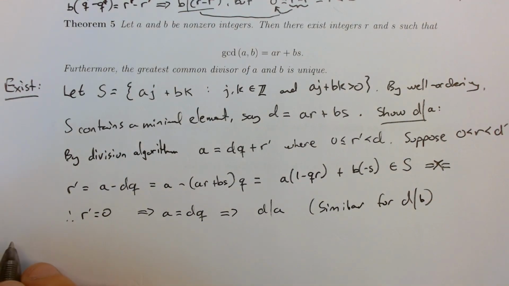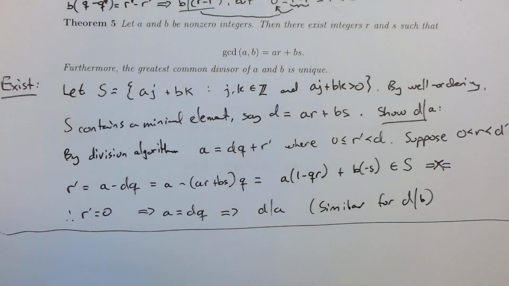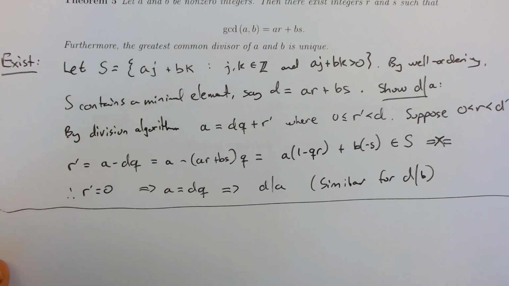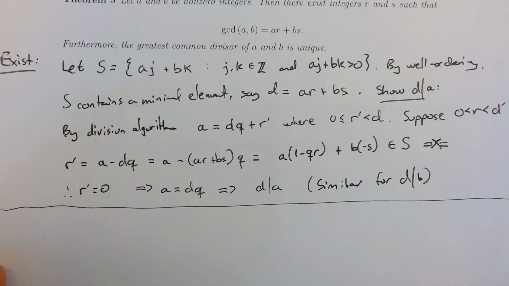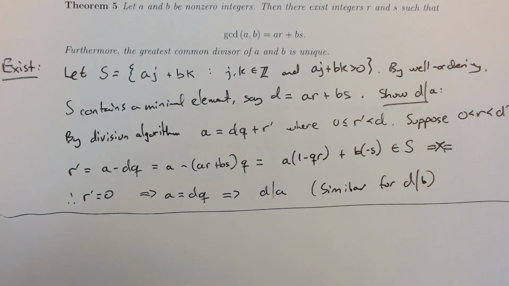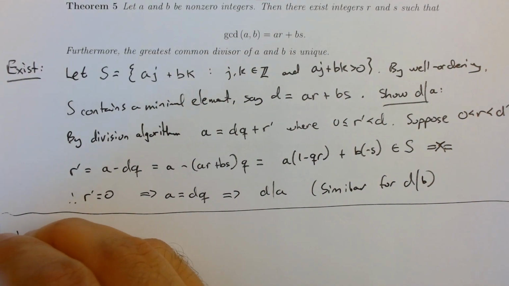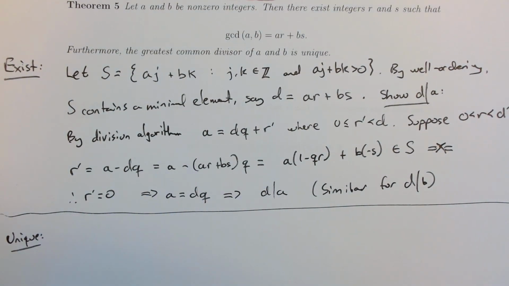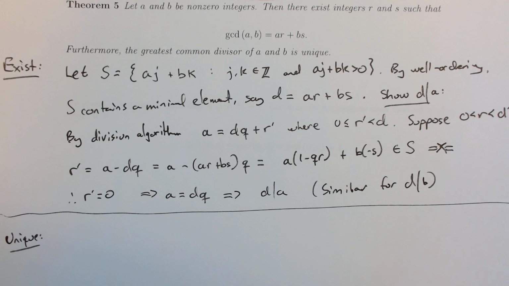Okay, next we'll show the uniqueness of this, and this also ends up showing that it's greatest. So all we've really shown is that there's a common divisor. But to show that you get a unique greatest one, suppose you have two that are greatest common divisors.